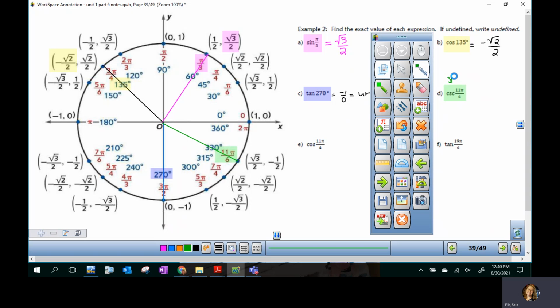So if sine at 11 pi sixths, that corresponds to the y, right? That's negative half. So what would the reciprocal be? What's the reciprocal of negative 1 over 2? Negative 2. Okay, box in these answers.